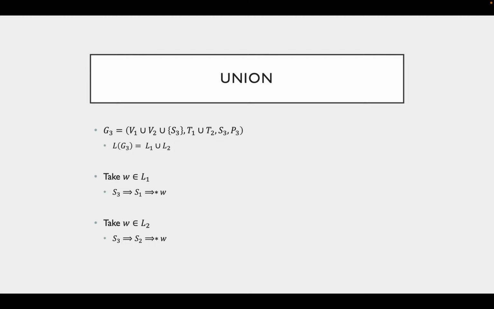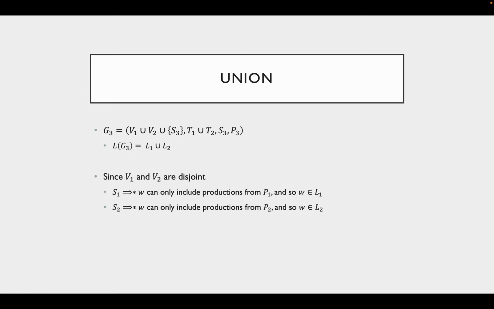So S3 is allowed to go to S1 or S2, and therefore G3 produces words in language 1 and words in language 2. Since V1 and V2 are disjoint, that means they don't have any common symbols. S1 producing W can only include productions from P1. And so in that situation, that word is in language 1. And similarly, if you have a word that is produced by starting in S2, you can only include productions from P2.